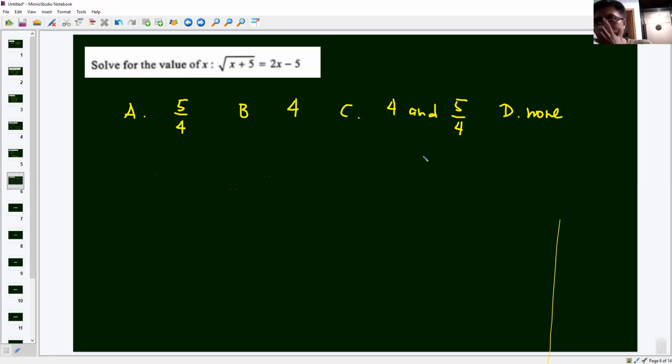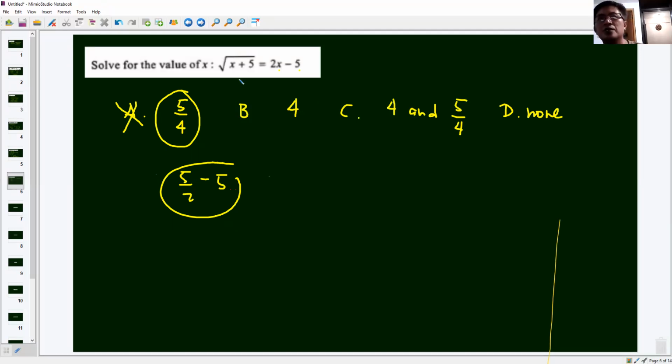Pwedeng hindi ka na mag-solve. Titingnan mo na lang. 5/4 times 2 minus 5. That is 5/2 minus 5. Hindi ko natutuloy pag-solve. I know this is a negative number. That's a square root. A square root cannot yield a negative number. Mali. 4 plus 5, 9. Square root 9, 3. 4 times 2, 8 minus 5, 3. Check. So, mali na to. The answer is B. See that? Ganun kasimple. Test-taking strategy.